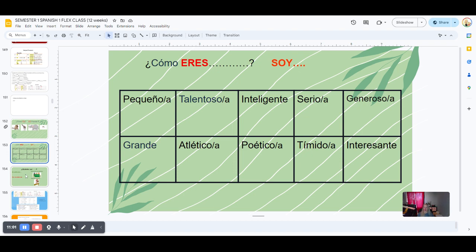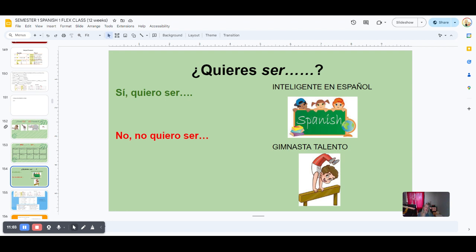And here's another way to use the verb ser. Ser is to be. We can use it with the verb querer, which means to want. So do you want to be inteligente en español? Do you want to be a talented gymnast? So ¿tú quieres ser inteligente en español?